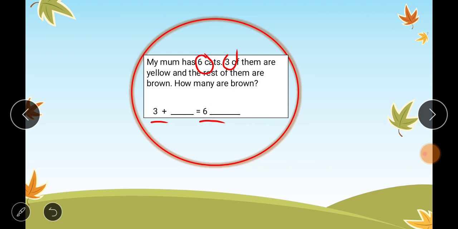If we want to draw circles, which number are we going to draw circles for? Number 3 or number 6? Number 6. Remember I told you you're to make circles for the sum, the whole number. Now let's do that. 1, 2, 3, 4, 5, 6.